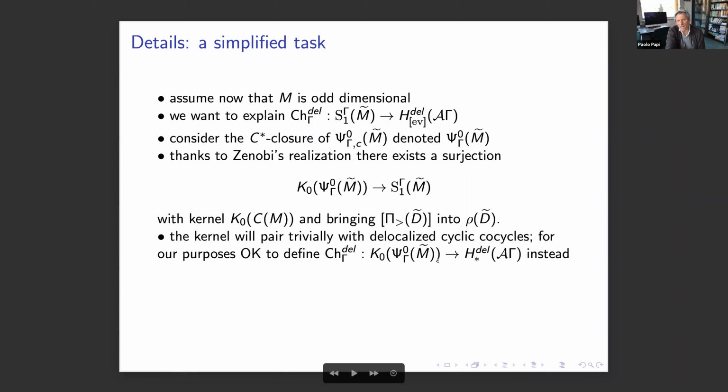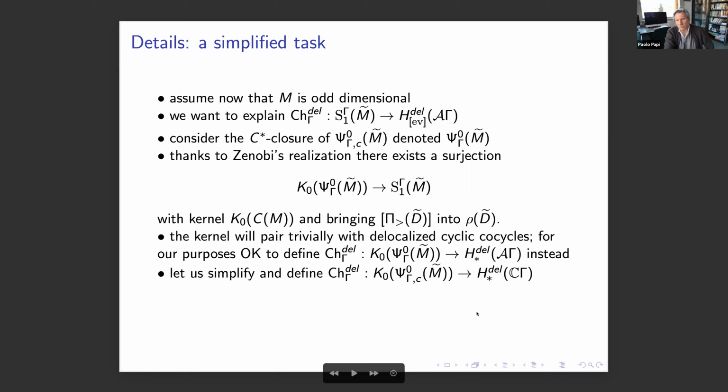So I'm going to solve for you a slightly different problem, which is easier to explain. In other words, I want to explain how you go from the K-theory of the zeroth order pseudo-differential operators to the delocalized non-commutative de Rham homology of A gamma. This is my goal in the next two slides. The way you do that is the following.